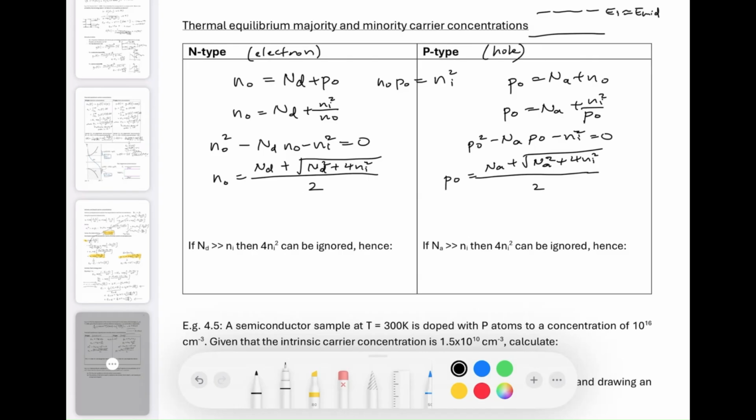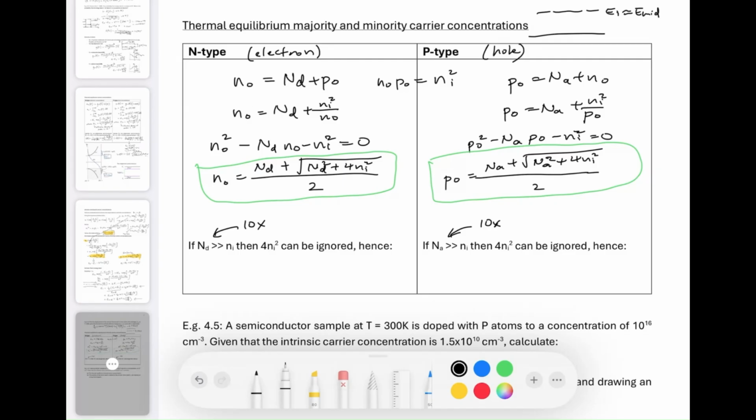And so if you look at these two equations, let's look at the N-type first. When the doping concentration Nd is much larger than the intrinsic concentration, I believe for this module they use 10 times, but of course there's no fixed number, it's just an approximation.